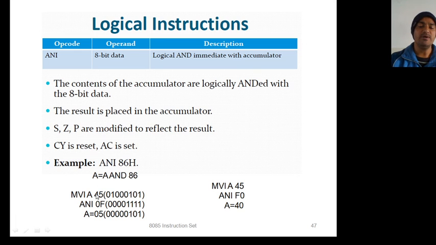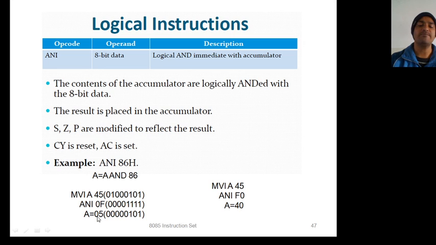You have to remember, if there is F and digit 5, F and 5 will always be 5, and 4 and 0 will be 0. If the value of A is XY, where X and Y are two digits, and you perform ANI 0F, it will give 0Y.